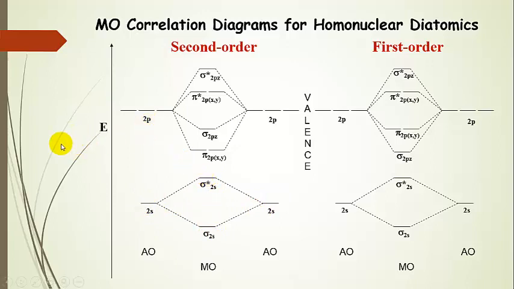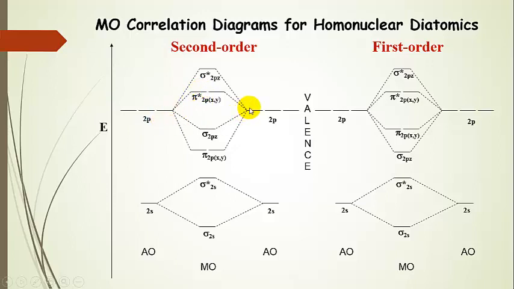The p's are a little bit different because let's say that we make this the 2px. Okay, so that one's 2px and it's 2px here on this side. So if we mix those two, we're going to get a molecular orbital, and that is going to be a pi 2px. So that's a pi 2px molecular orbital, and its antibonding counterpart is going to be up here, the pi star 2px.